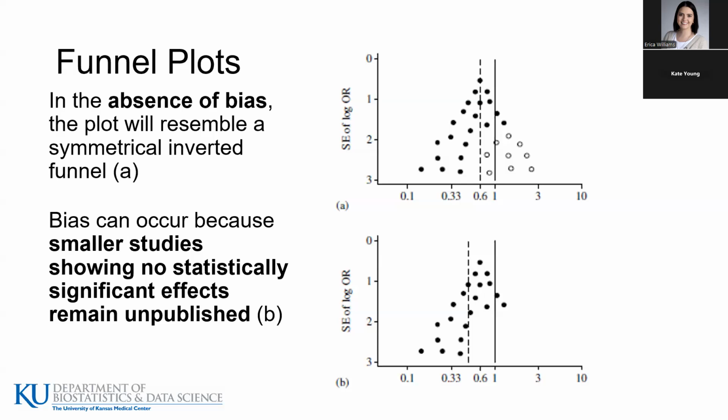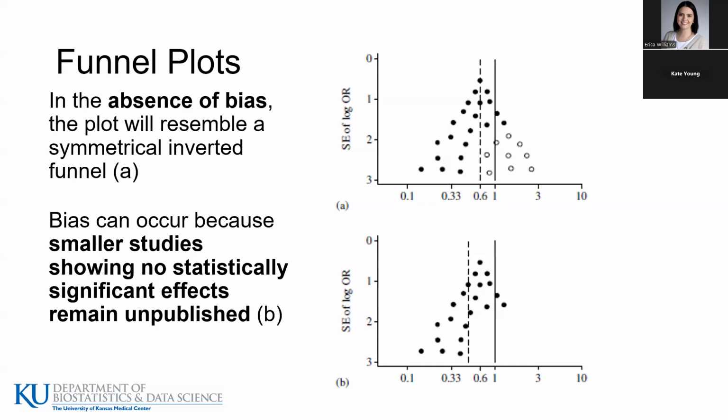These studies in the top plot are indicated with the open circles. When we remove those, we can see that the funnel plot looks more like the lower figure, which is what this would look like in the presence of publication bias.